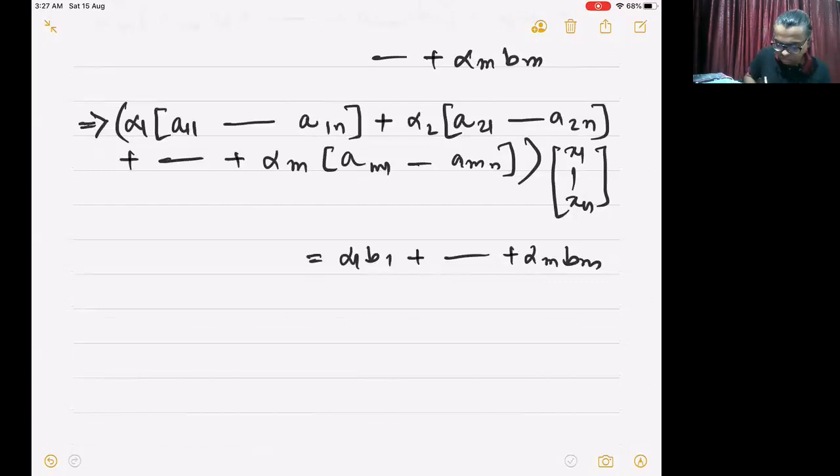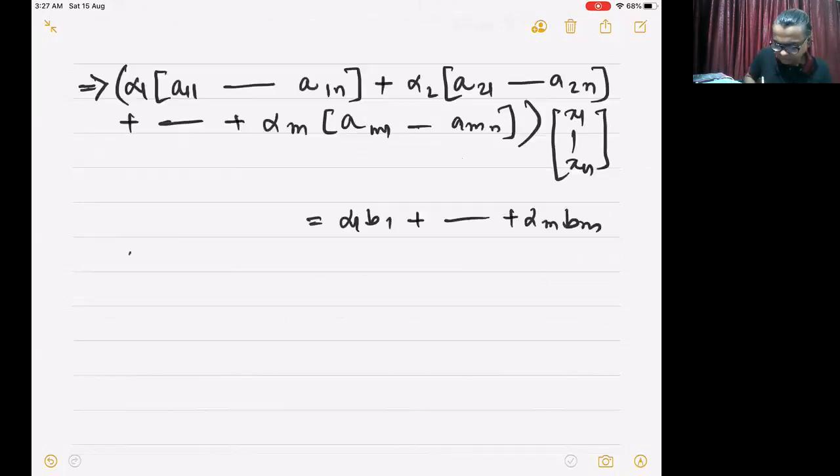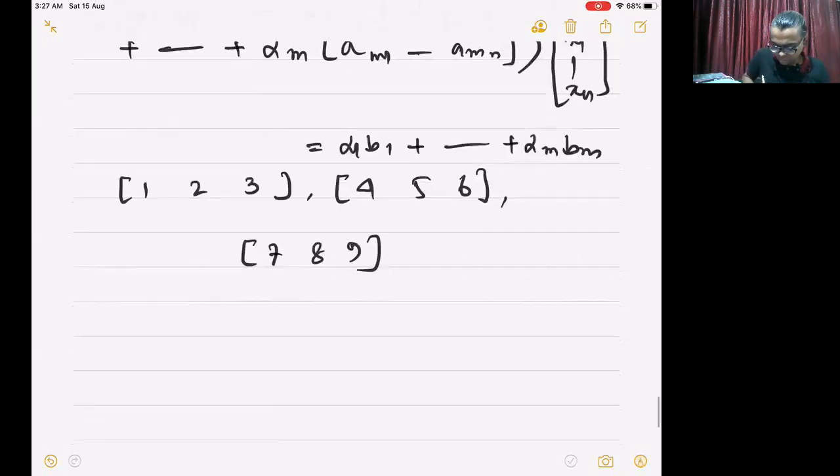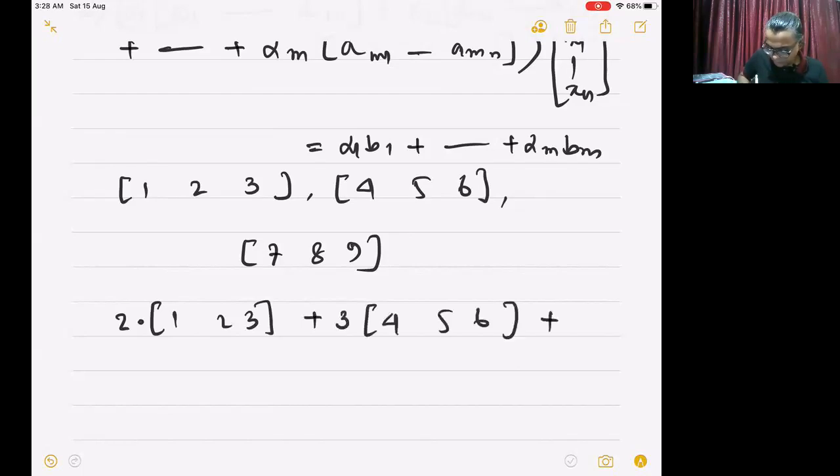So given some row vectors, say 1, 2, 3, and 4, 5, 6, and 7, 8, 9. I have 3 row vectors. I can look at this linear combination, right? I can look at 2 into 1, 2, 3 plus 3 into 4, 5, 6 plus 8 into 7, 8, 9.